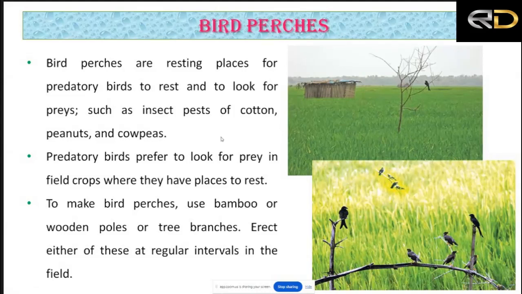It is for their benefit, but their benefit will also benefit us. So artificially, if we want to prepare, we can prepare using bamboo, wooden poles, tree branches. Anything can be kept in between the fields. Then the birds can use these places, structures, and they will do their work of finding their prey.